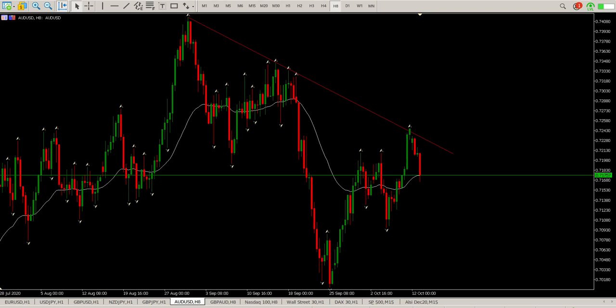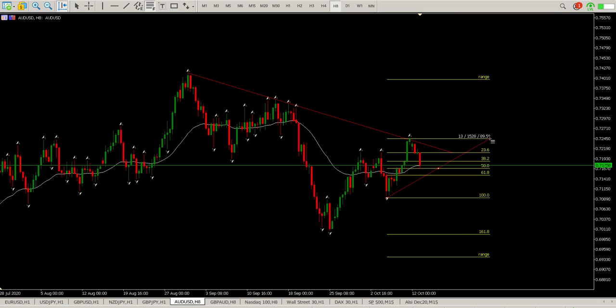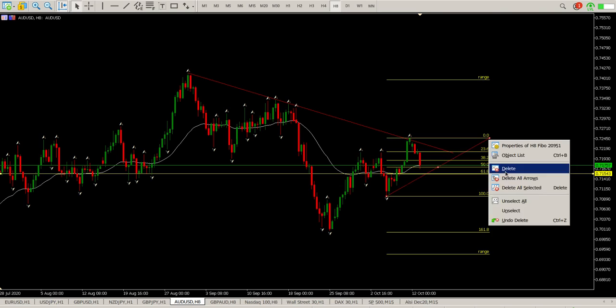Aussie dollar, US dollar. Big thing here is we've got this downward trend line. We came up, we rejected it, we're pulling back. Me personally, I'm expecting another higher low, and I'm expecting it in that area right there. I'll get rid of the noise now. Okay, that's a 61.8.